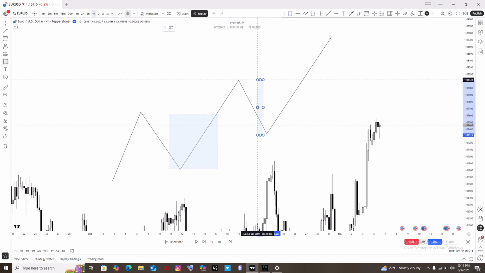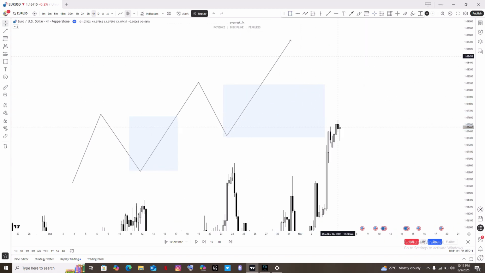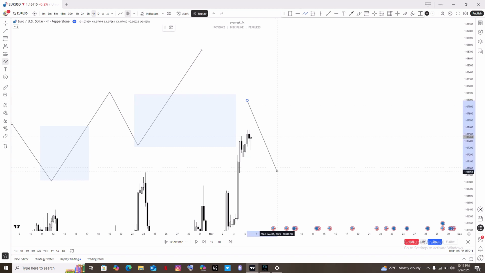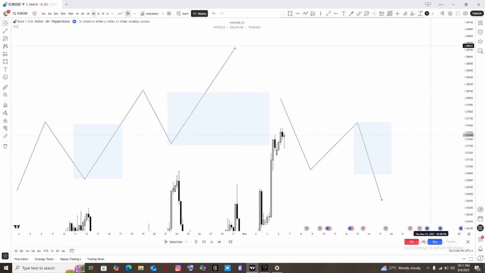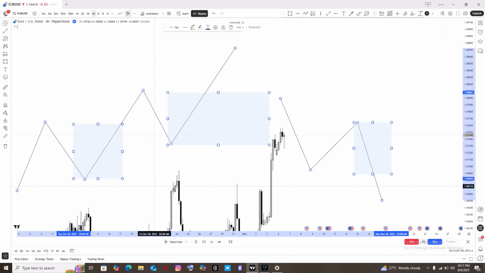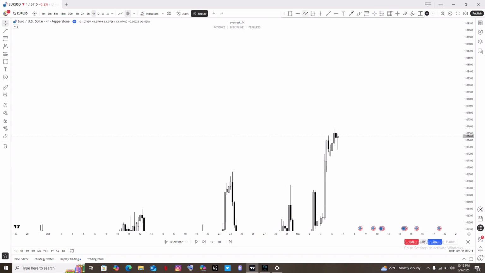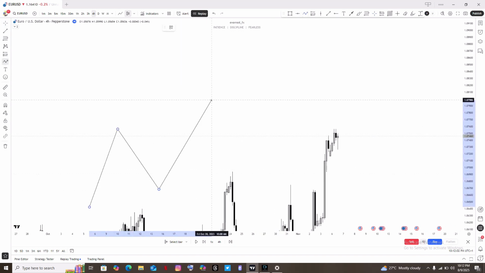You mark to where the market broke structure, and extend. When the market is selling, you start from the top and mark down to where the market broke structure. But for Fibonacci, it's not like that.